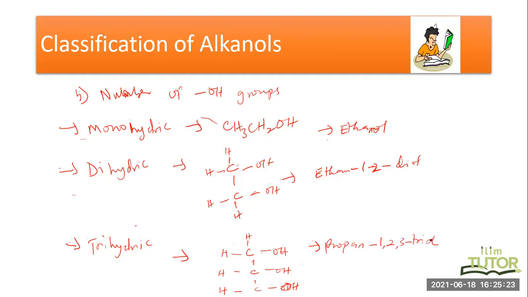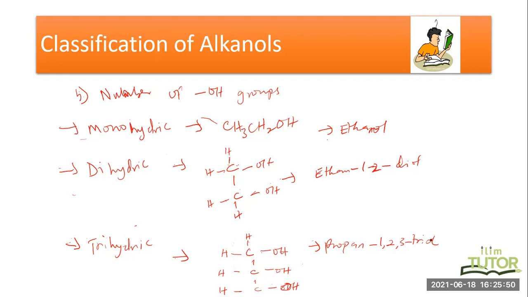So we can classify alkanols, number one, based on the carbon atom that the hydroxyl is attached to, where you can have primary if it is attached to a carbon with 2 hydrogen atoms, secondary if it is attached to a carbon with 1 hydrogen atom, and tertiary if the carbon it is attached to does not have a hydrogen atom.